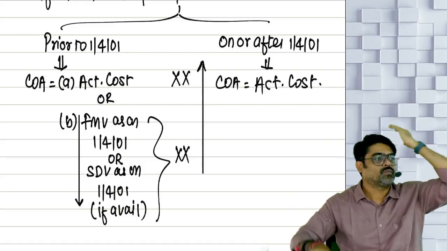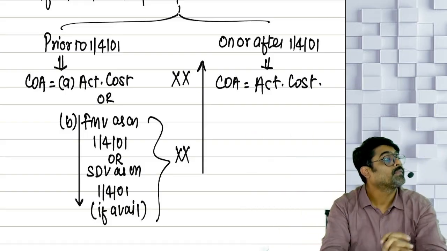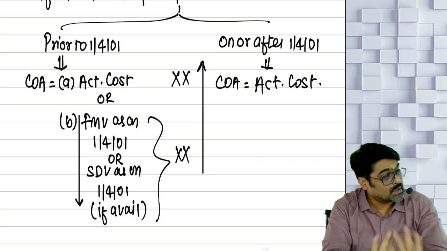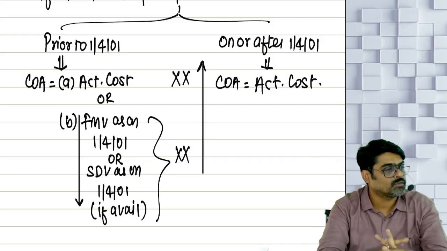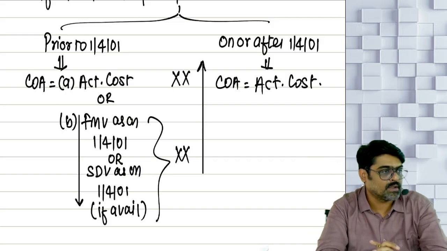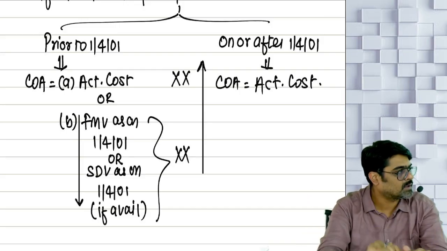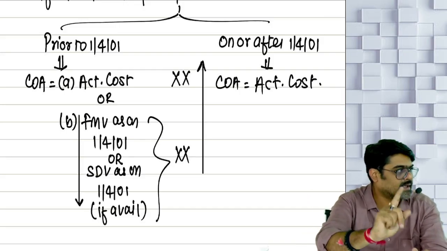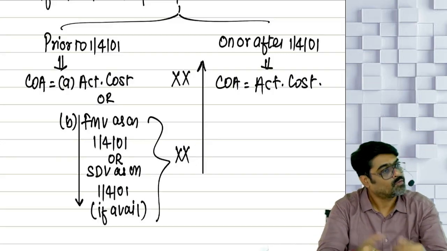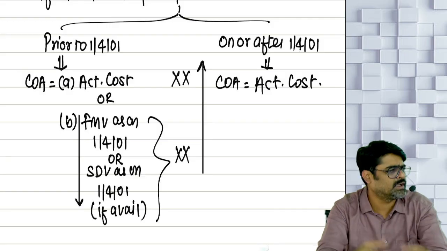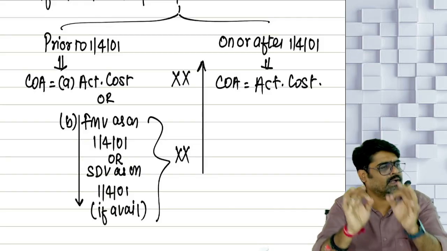So for all assets, including immobile property, if acquired on or after 1st April 2001, what will be the cost? Actual cost. That option to take fair market value is not available. Whatever is the actual cost, take that as the cost of acquisition, for immobile properties also, and for any asset, jewelry, shares, whatever.